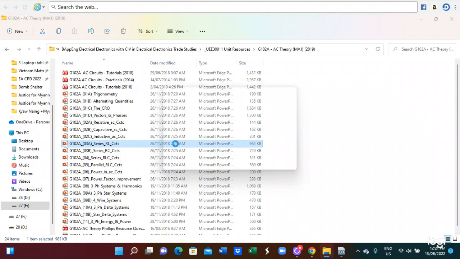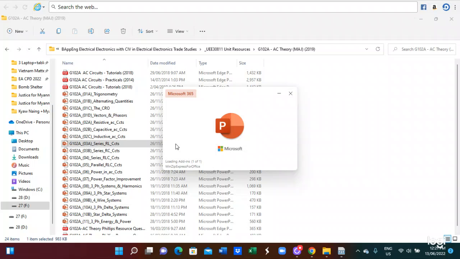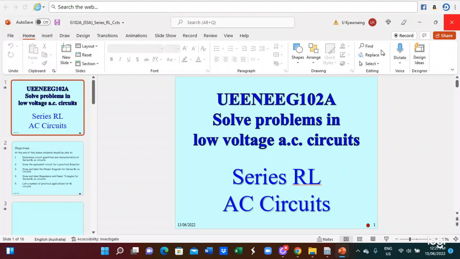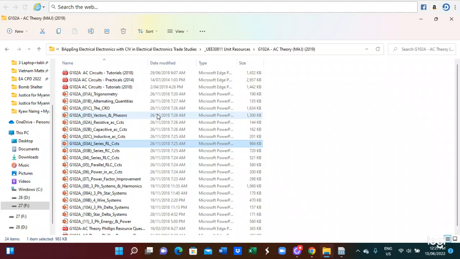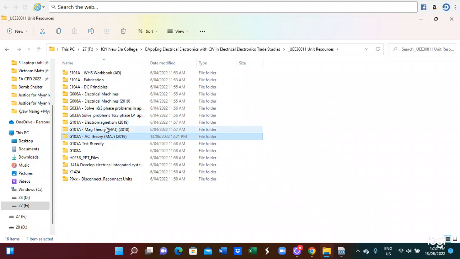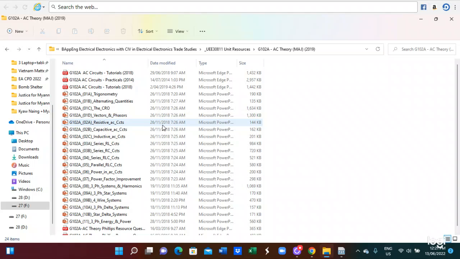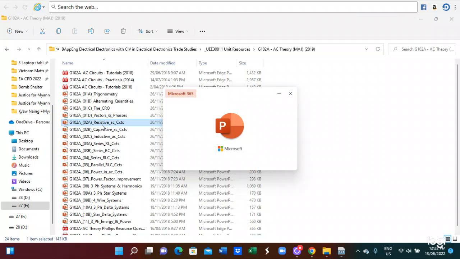Series RLC circuit. Now we're talking about the G1 2 02A and B. Resistive AC circuit.